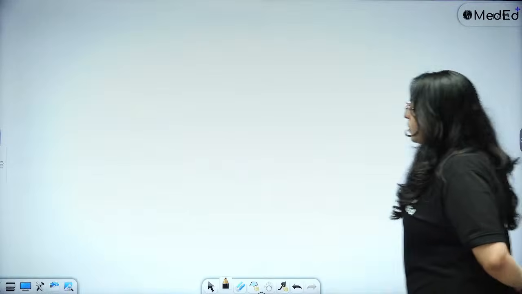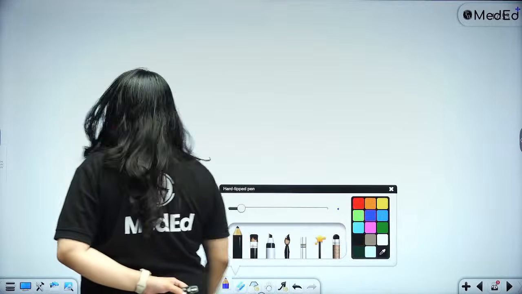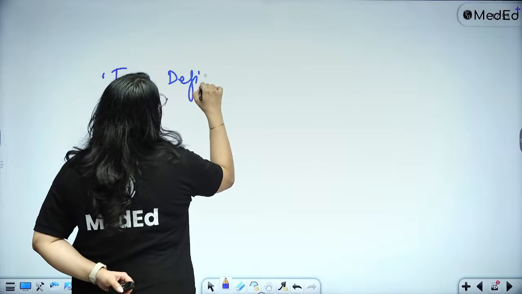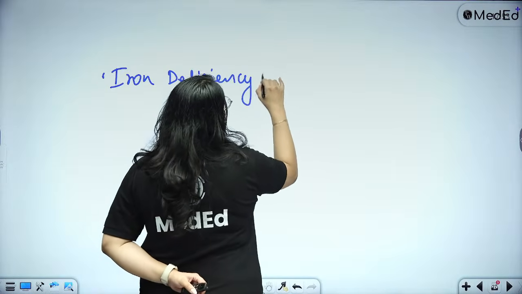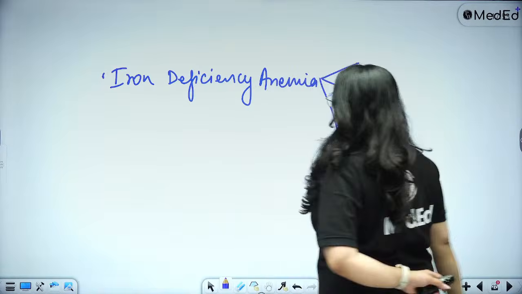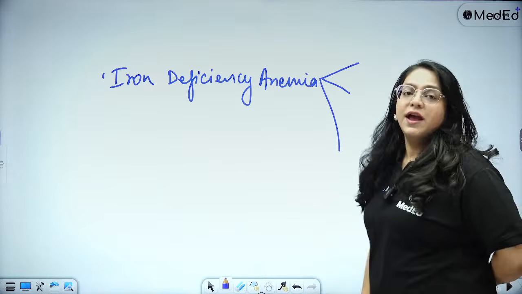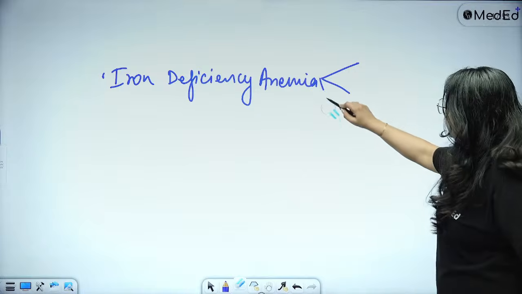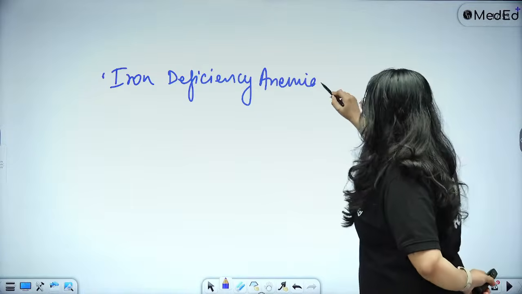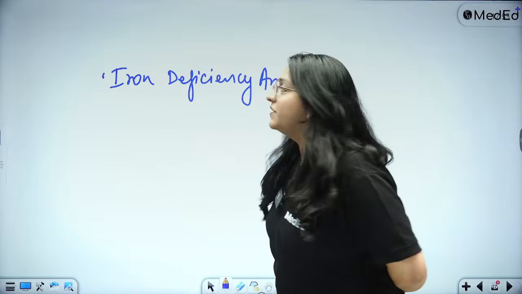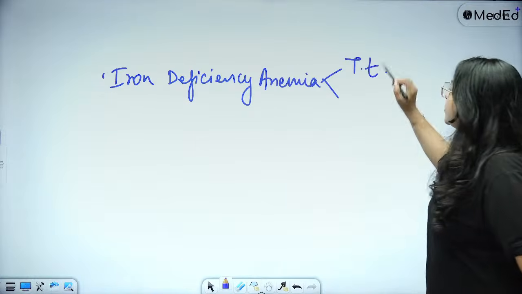This brings me to one important thing that we should discuss here. Iron deficiency anemia. Two important parasitic causes. One is the guy who's leading to a lot of blood loss in the form of dysentery. So, you have Trichuris trichiura.